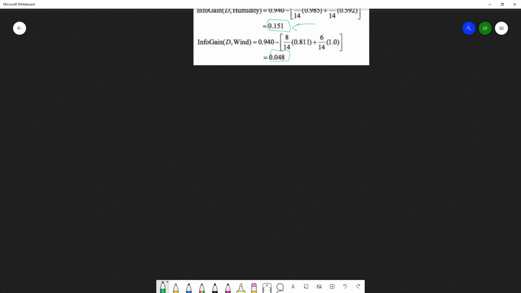a table, a large table of sample data. And if you don't have much sample data, it's not going to be very good. It is biased towards large samples.